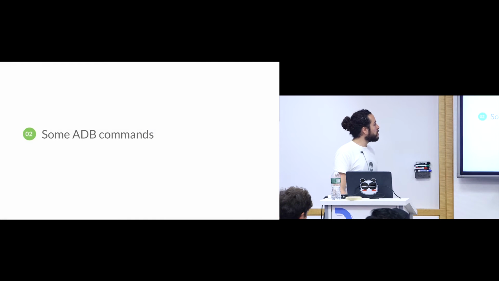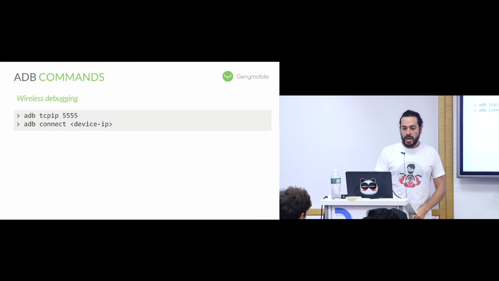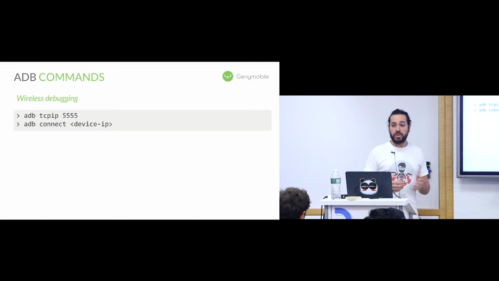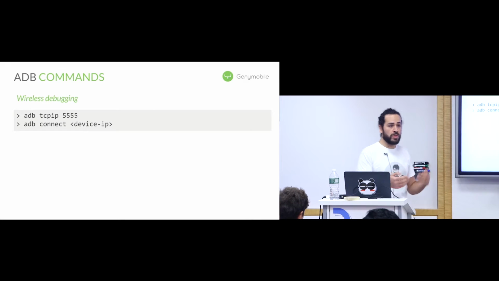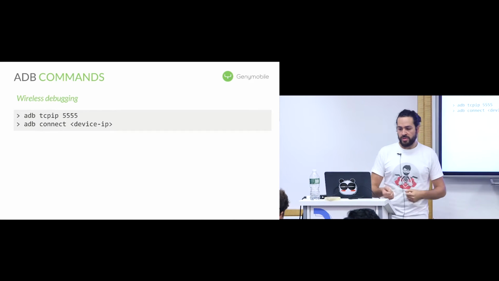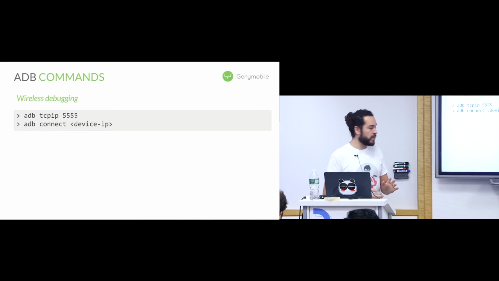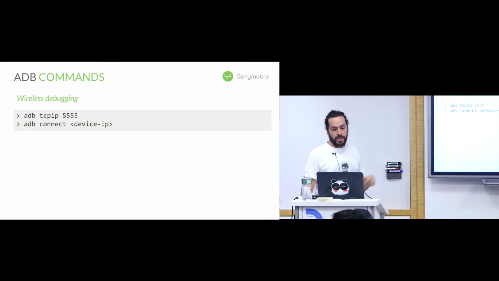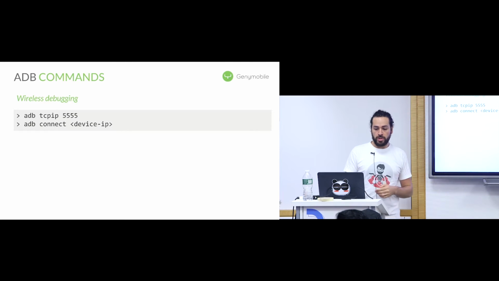Okay, so let's talk about a few ADB commands. I told you right before that you can turn any physical device into a network device. It can be useful, for example, if you don't want to plug your device into USB. You can do it quite easily. Just plug your device and then type adb tcpip and the port number.